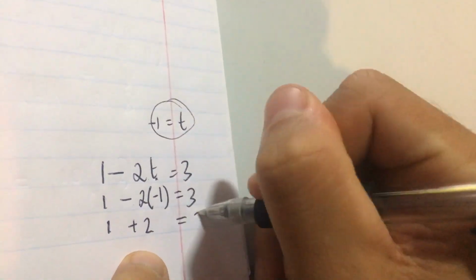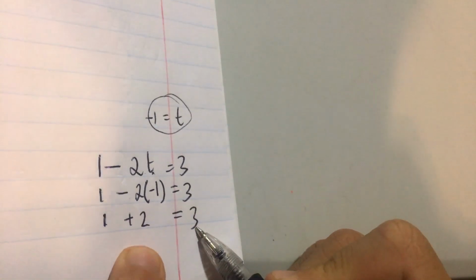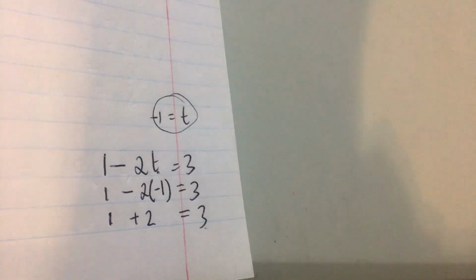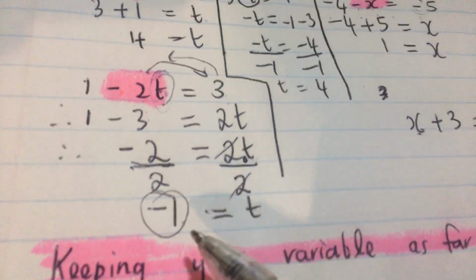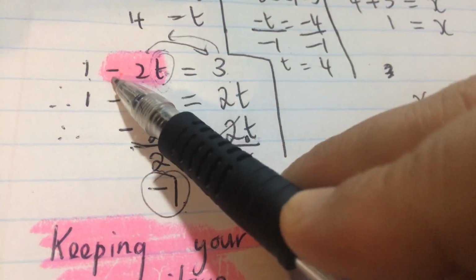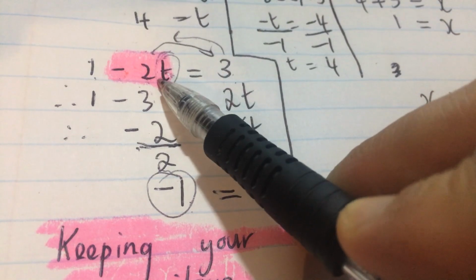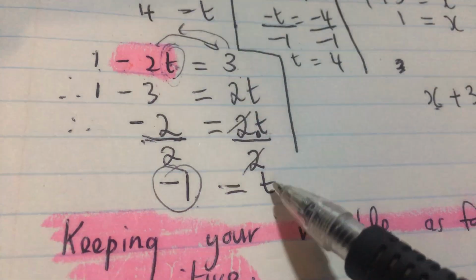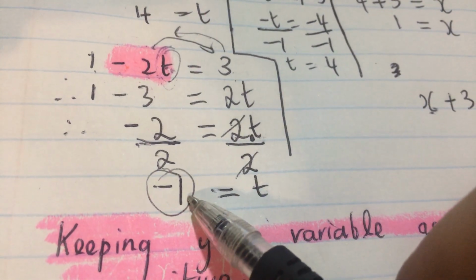Positive 2. Is 1 plus 2 equal to 3? Yes, so you know your equation's right. So all I did was check my equation. I took the negative 1 and I put it back into the t. So it was 1 minus 2 times the t. And what was the t? It was negative 1.